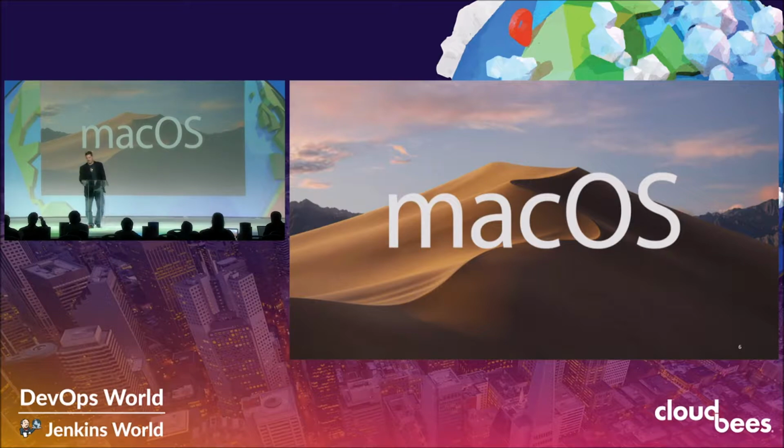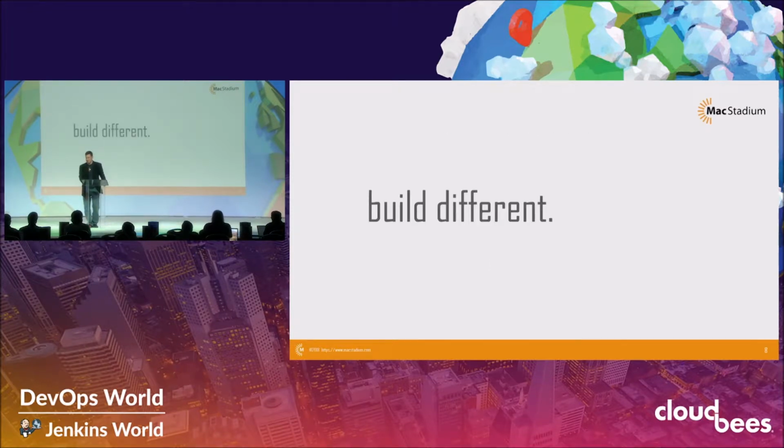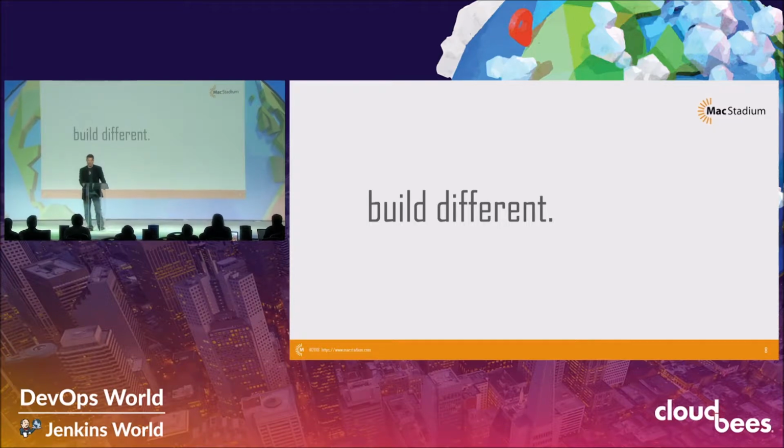So, macOS, Macintosh environment. And we put this icon up here because this is kind of how it feels these days for Mac developers, unfortunately. Somewhere in your build pipeline, you've got physical machines, and Apple's not making it easy. So they ask you to build different.